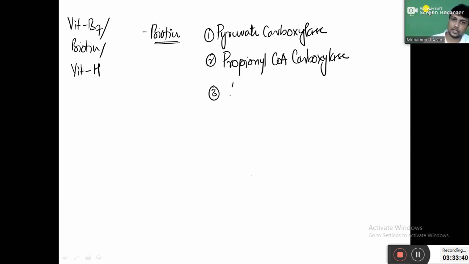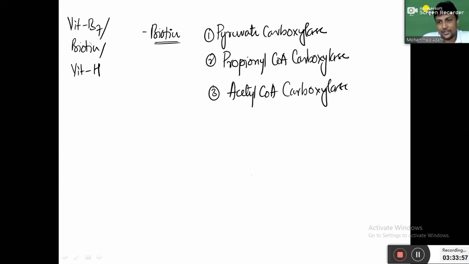And number three, acetyl CoA carboxylase, which we learned just a few minutes ago in lipid metabolism. Now you will agree why I am teaching vitamins at the end. Nothing much to learn here; it's all about bringing everything we've learned to one place. Biotin acts as a coenzyme for three enzymes: pyruvate carboxylase, propionyl CoA carboxylase, acetyl CoA carboxylase.